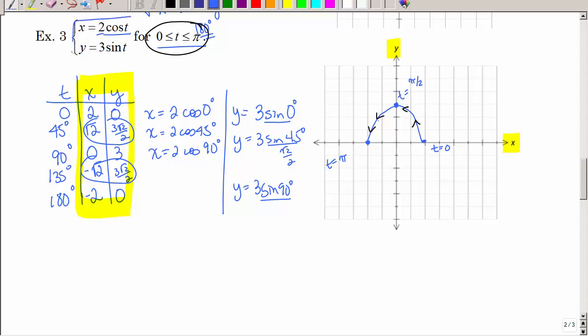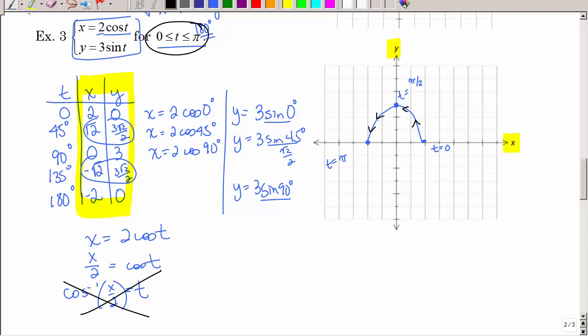Let's get there. So let's take this and eliminate the parameter. Well, if I solve for t, I would get something like this: inverse cosine of x over 2. That is just ugly. Do not do that. Well, let's see if sine gets any better.